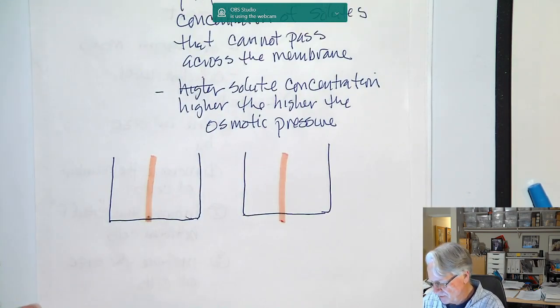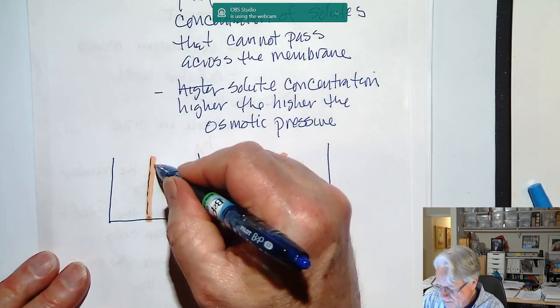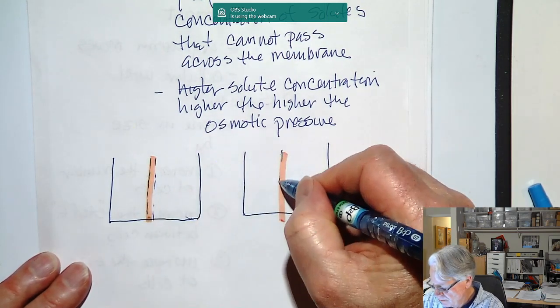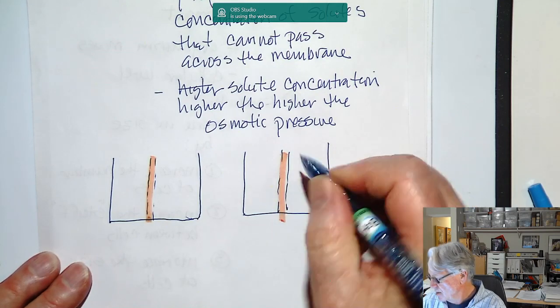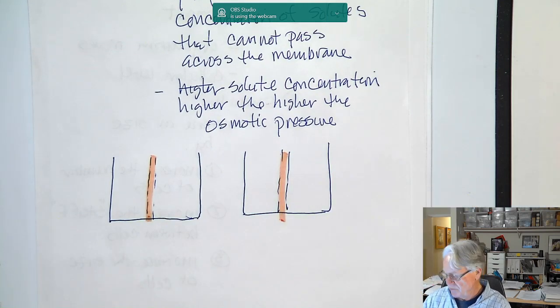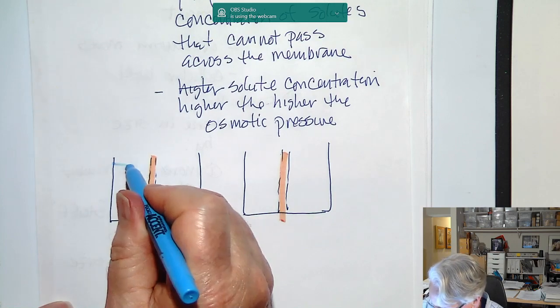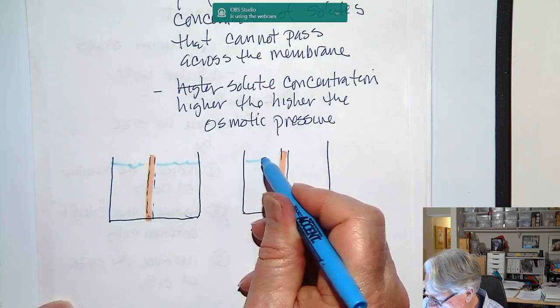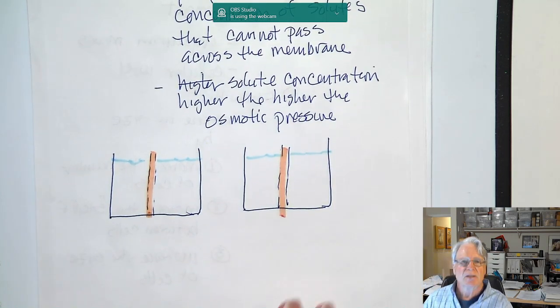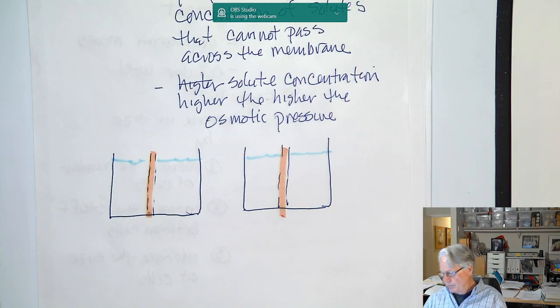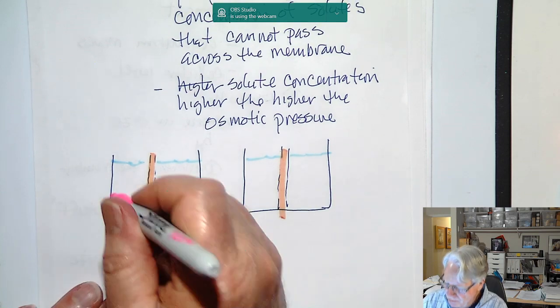So that's our selectively permeable membrane. And then we're going to have a fluid in there, so there's going to be some water. Okay. And now I'm going to bring in some, let's see, yeah, there you go.